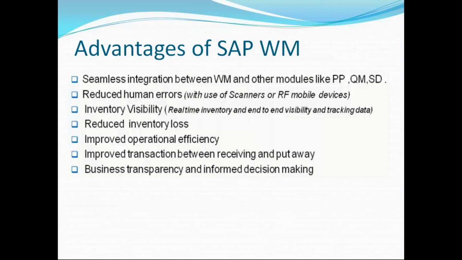For example, when we want to do any movement in WM, the system itself will understand from where the material has to be picked. That means the source storage location. This location, the system will understand by itself due to the various configurations.